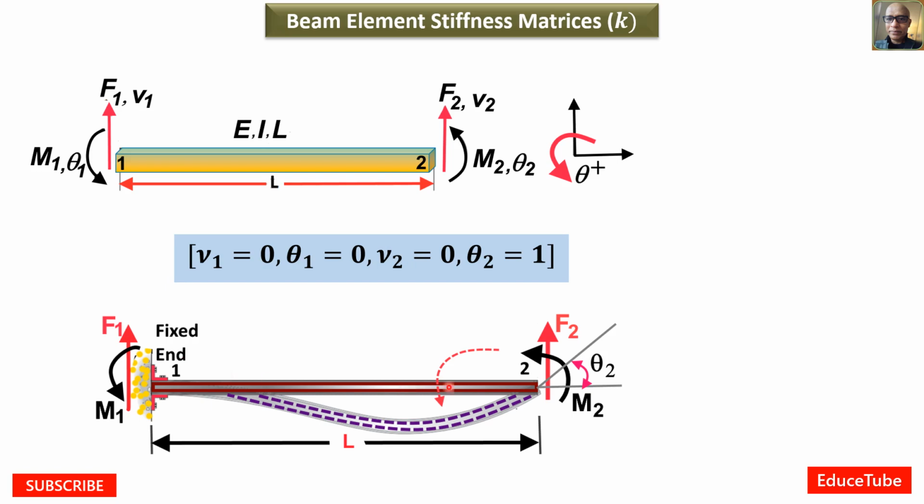If node 2 of the member is rotated by theta 2 relative to node 1, so that the chord of the member rotates anticlockwise, the moments are related to theta 2.